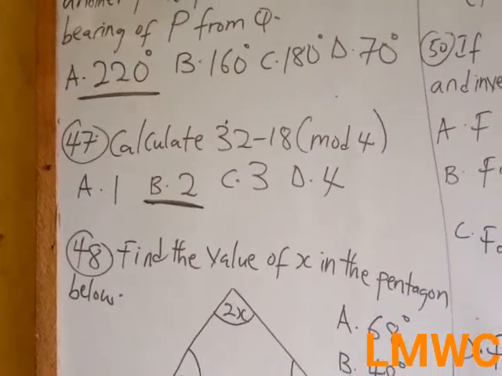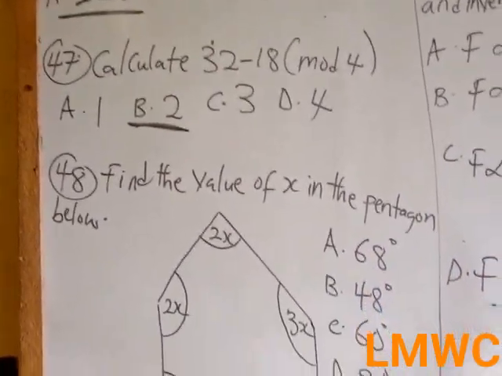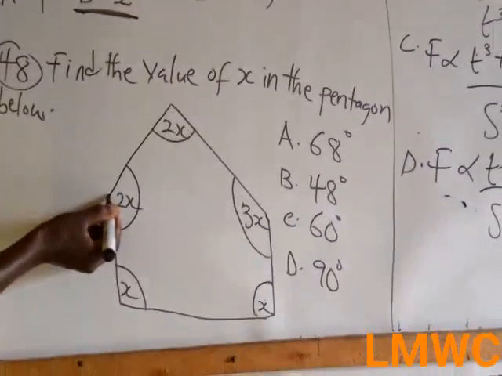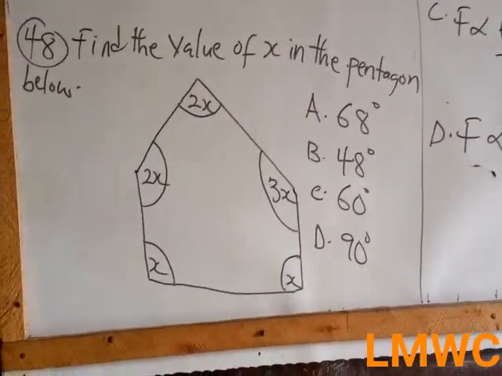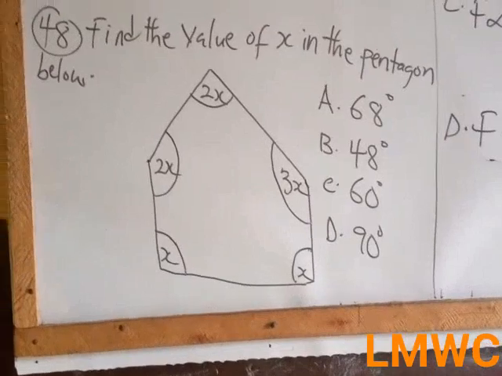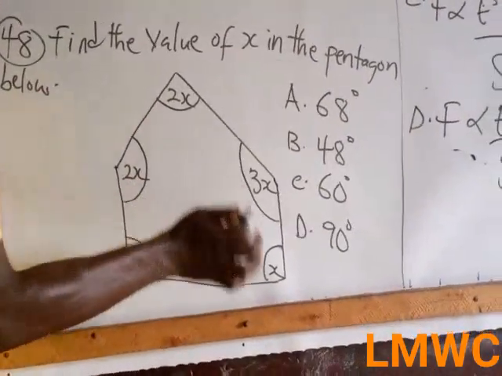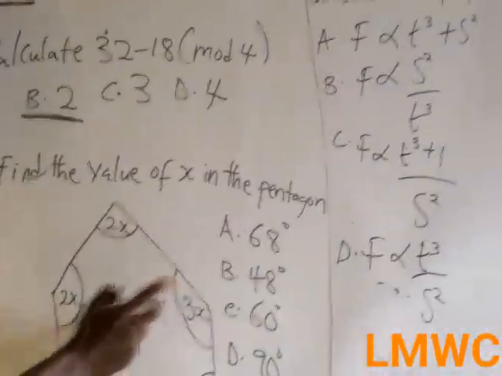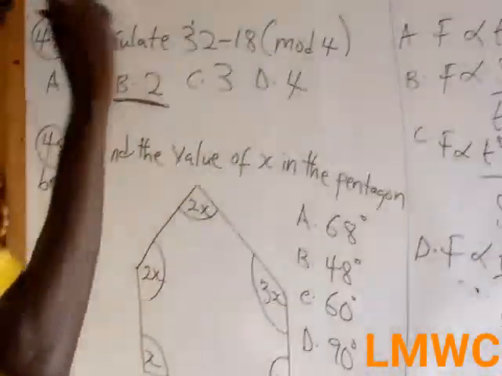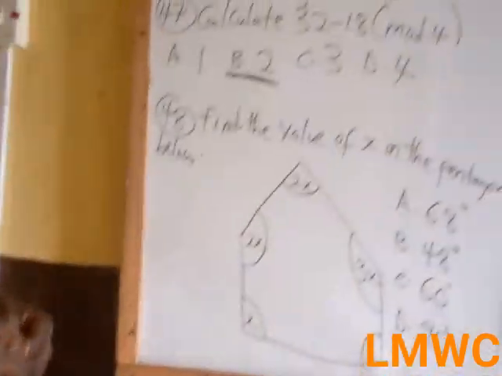Question 48. Find the value of x in the pentagon below. Always, if you are given a question like this, you first find the sum of interior angles. After getting the sum of interior angles, you sum the interior angles and equate it to that sum.